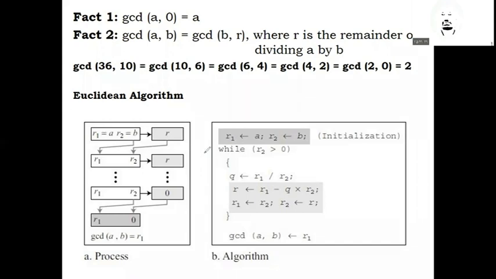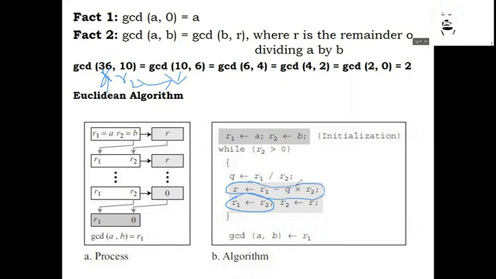If I consider this as R1, and if I consider this as R2, what will be R1 for the next iteration? My R1 will be R2. R1 will be R2 for the next iteration, and R2 will be my R.